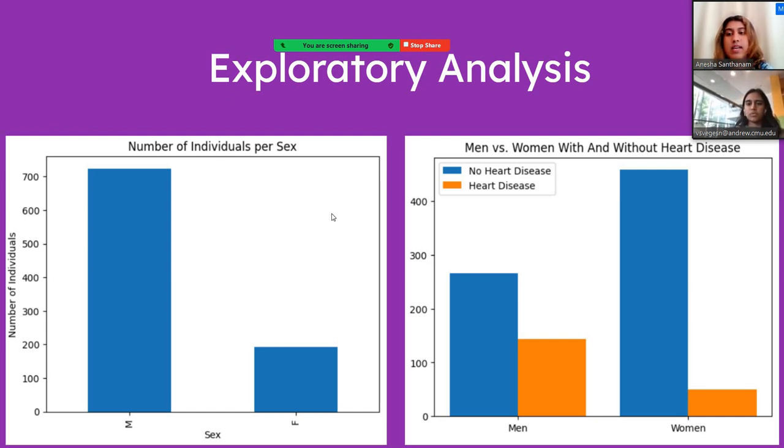As we can see in the data over here on the left, the number of individuals per sex is shown, and it's very clear that there are a lot more, probably over double the amount or triple the amount actually, of males than females in the data, which definitely shows that the data is skewed based on sex, so it might be better in the future to collect data that is a more 50-50 split. Additionally, over here, it's interesting to see that more men were diagnosed with heart disease in this data than women, and more women were diagnosed without heart disease than men. This was an interesting observation that we were able to make.